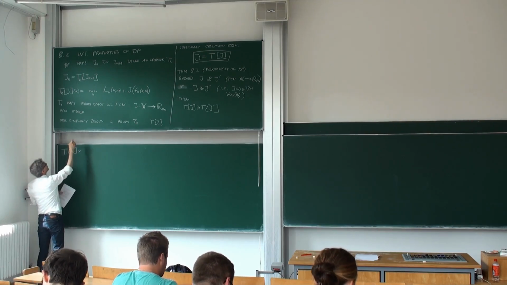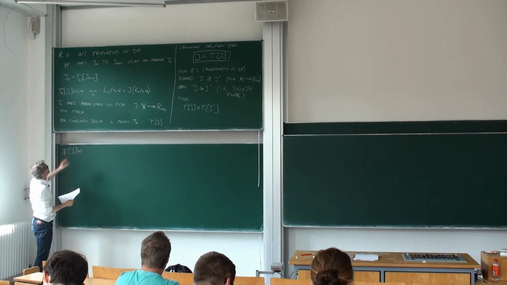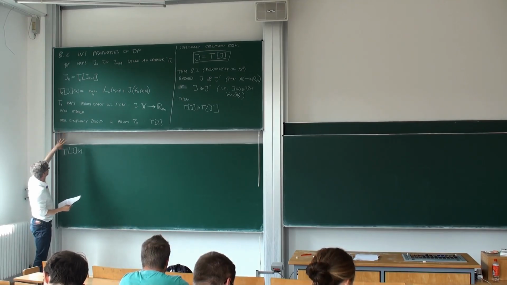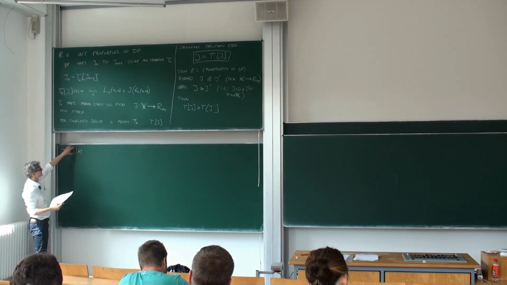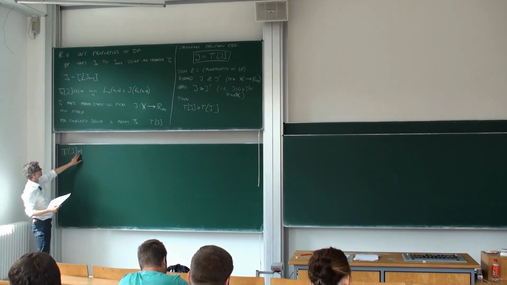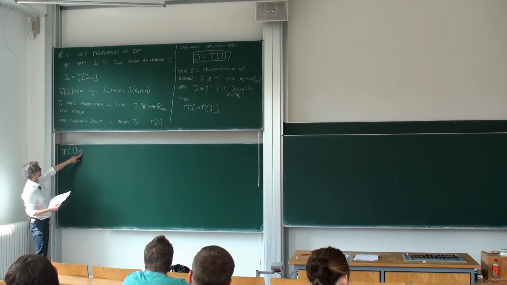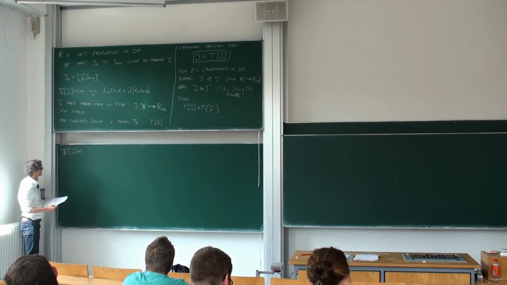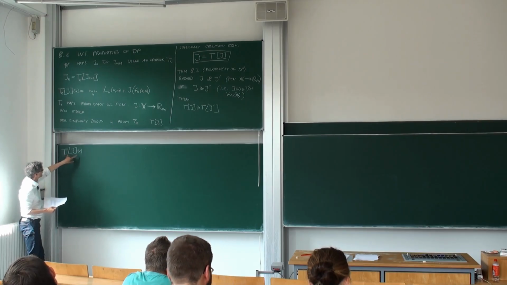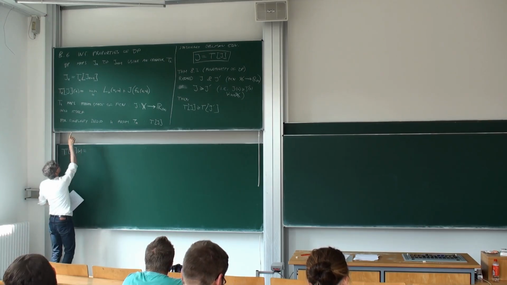So T[J](x) was defined in that way. So please note I use the square brackets to denote the operator acting on a function, right? And then the round brackets to evaluate the resulting function at the value x. So this thing was defined by the relation that we had above.